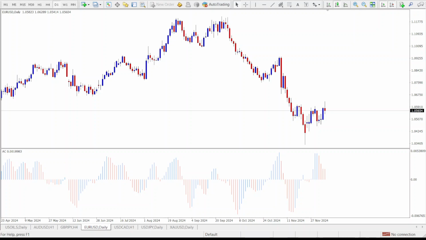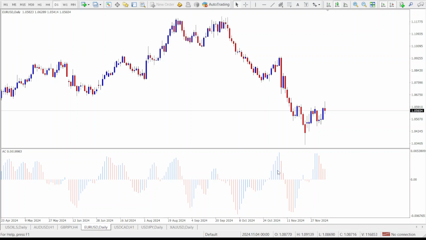Now, this is a unique trading indicator that was developed by Bill Williams, and it is widely used on the MetaTrader 4 platform. All right, now as we can see right here on the chart, the indicator has an indicator window where it oscillates above zero and below zero.